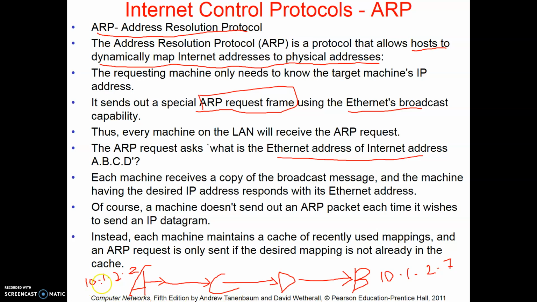A also knows its own Ethernet address, but A doesn't know the corresponding Ethernet address of B. A only knows the IP address of B.